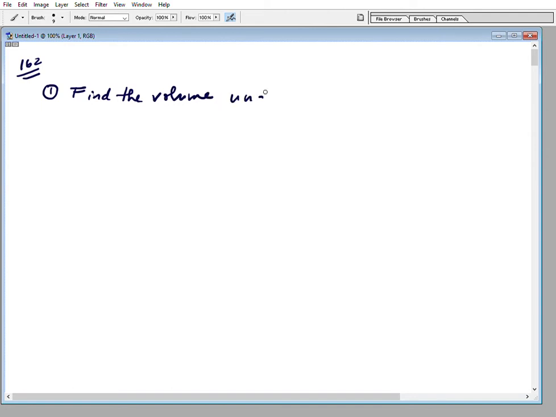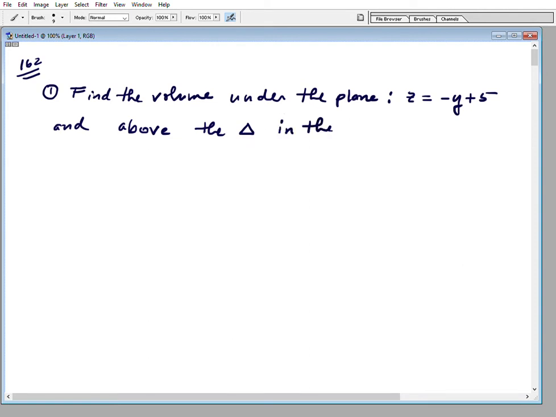That's under the plane z equal minus y plus 5, and above the triangle in the xy plane with the following vertices.